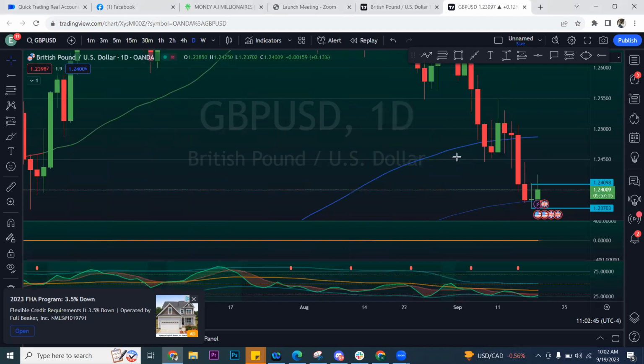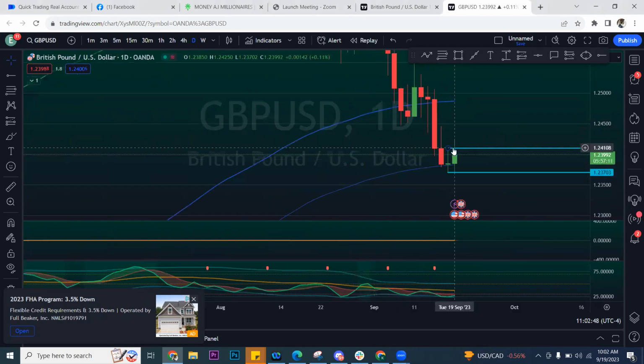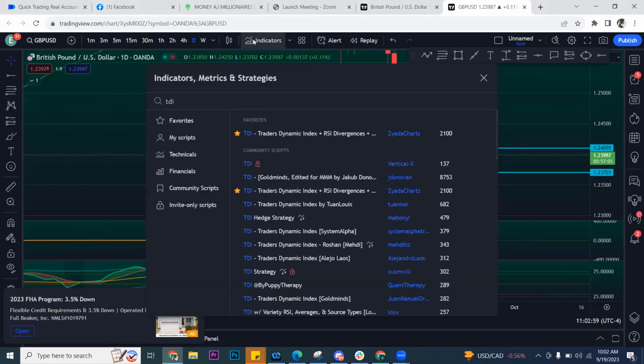And I look at yesterday's high and low. So I mark the highest point of yesterday's candle and the lowest point, right? Now I do use the TDI. So if you go to indicators up top, you type in TDI, Traders Dynamic Index, RSI divergences, the one that says I had a charts, that's the one you want to use.